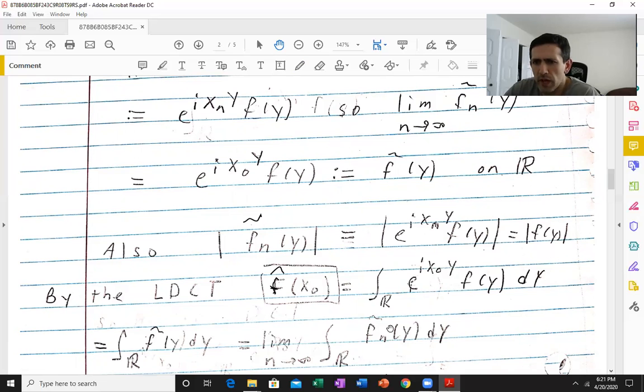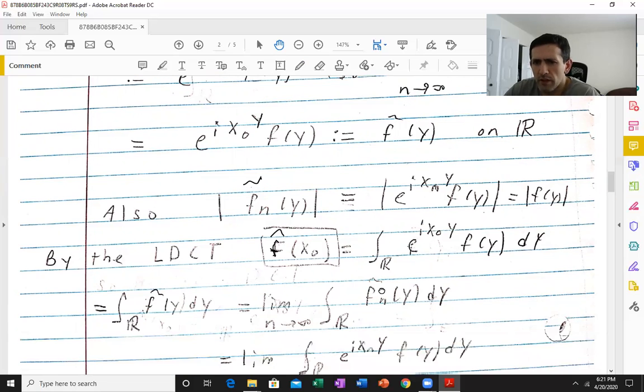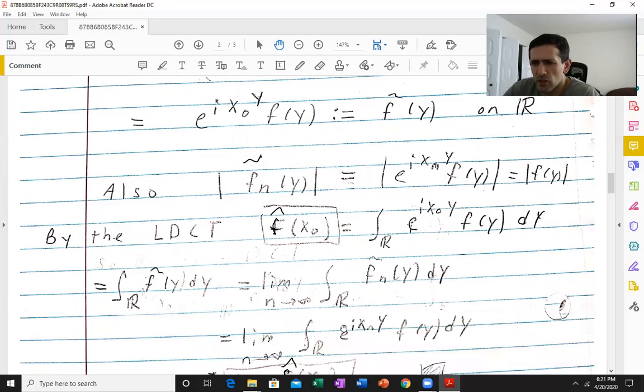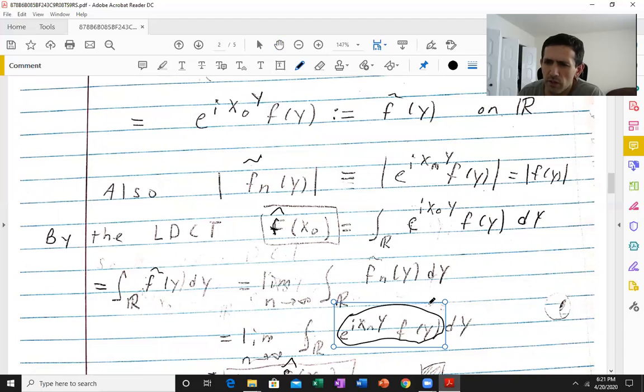And again, we integrate f_n tilde of y. That is literally this integral here. Again, this is this right here. What I have right here is f_n tilde of y.